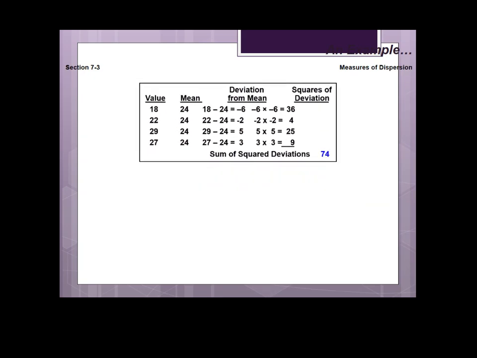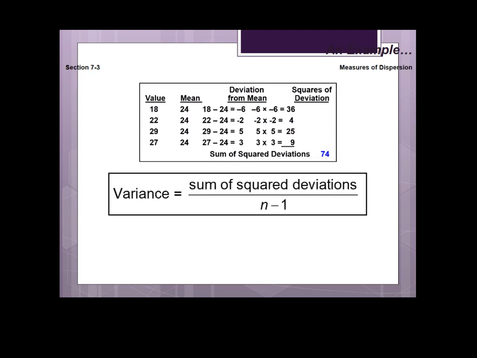Okay, now, to find the variance, I'm going to take the sum of the square deviations, so this 74, I'm going to divide it by n minus 1. N represents the number of data values. So I've got 74 divided by, I had 4 data values, right? So n is 4, so 4 minus 1, which is 3.